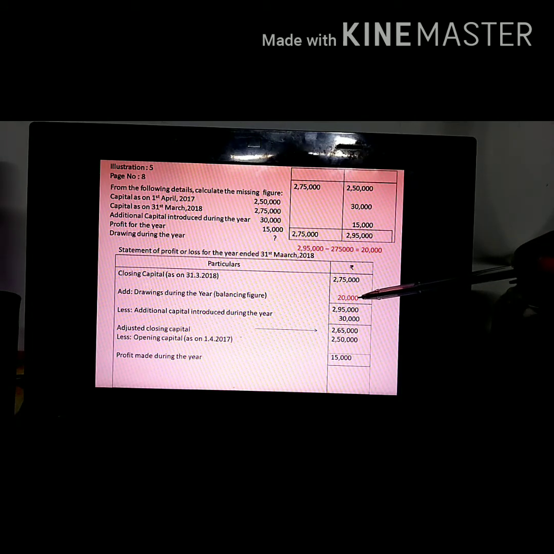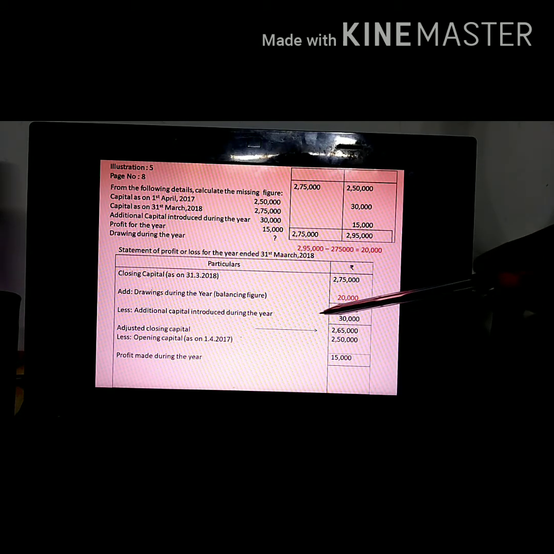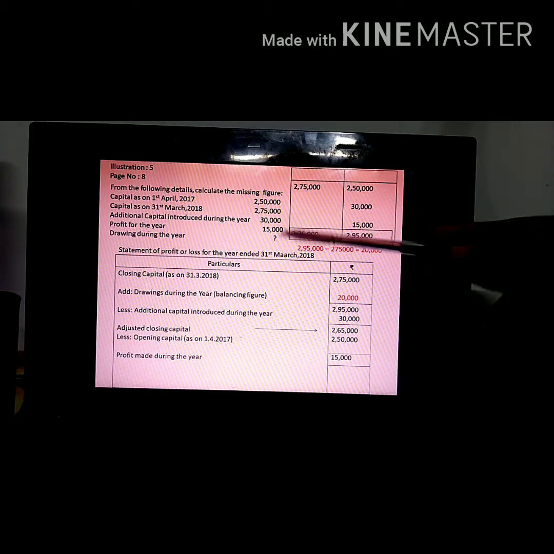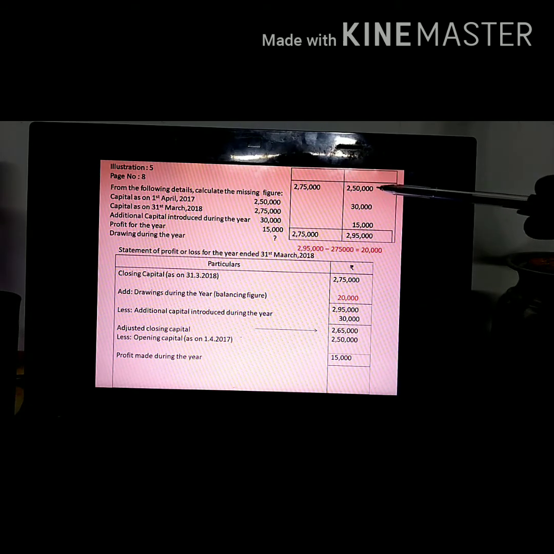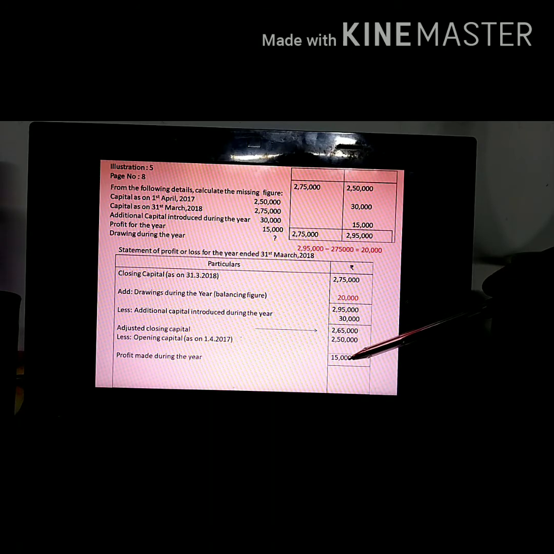Adding this to 2,75,000 you get 2,95,000. From the 2,95,000 you have to subtract the additional capital introduced, 30,000, which is given in your problem. 2,95,000 minus 30,000 gives 2,65,000. This is the adjusted closing capital. After that you subtract the opening capital 2,50,000 and you get the profit.